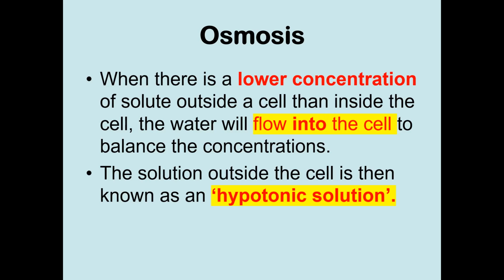So the outside of it is then called hypotonic. It's a lower concentration than what's inside the cell. So inside the cell, you get more sugar or salt, whatever. And then outside, if you just have straight water, tap water or distilled water, the water is said to be hypotonic. It's lower concentration.